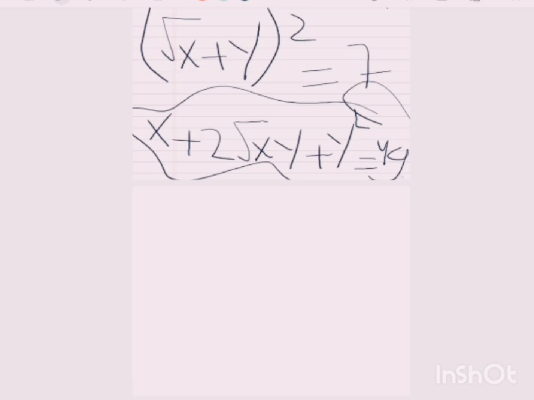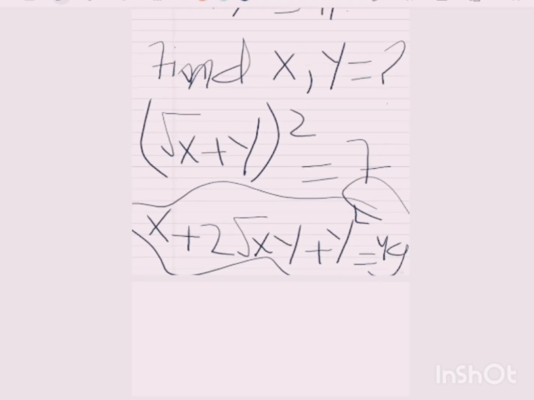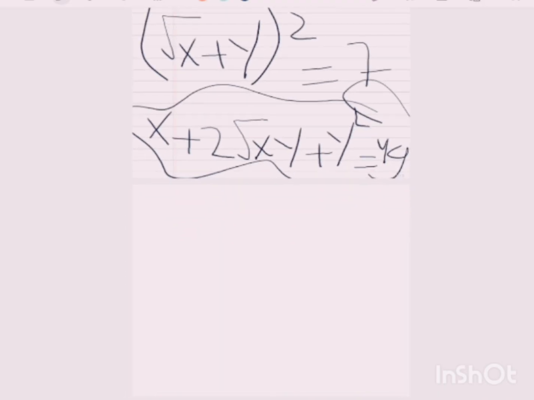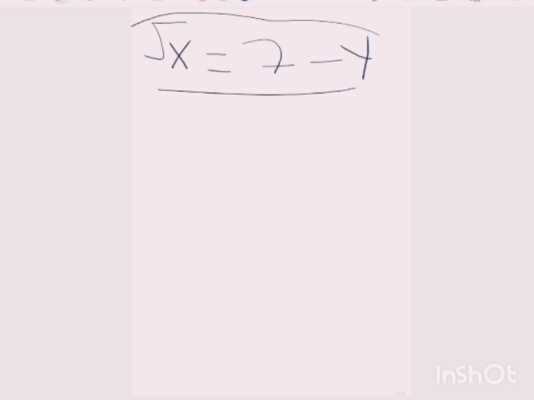Now the question wants us to first eliminate the roots so that we can then get the final answer. Another thing that clicks in our mind is to take root x equals 7 minus y, and from this equation put it into the second, that is x plus root y equals 11.